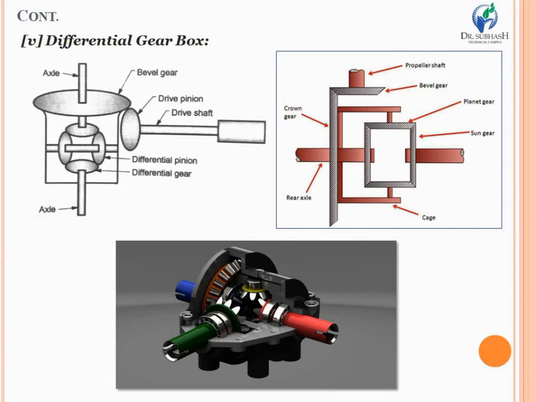Whenever your vehicle is moving on a straight path, at that time the distance traveled by both the inner and outer wheel is the same displacement. The speed of the outer and inner wheel only changes whenever your vehicle takes either a right or left hand turn. So this is what the differential gearbox is about.